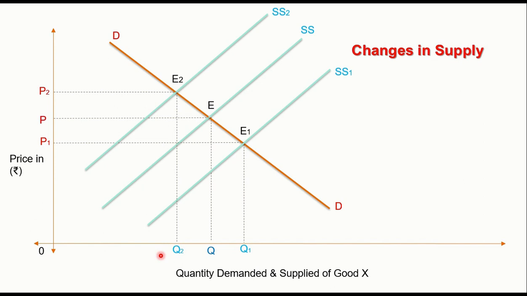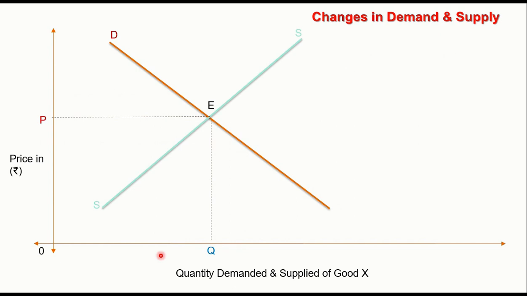Market equilibrium can also change due to a shift in both demand and supply curves, when demand and supply change simultaneously. Equilibrium price and quantity also change. In such a situation, the change in the equilibrium price will depend upon the relative magnitude of changes in demand and supply.